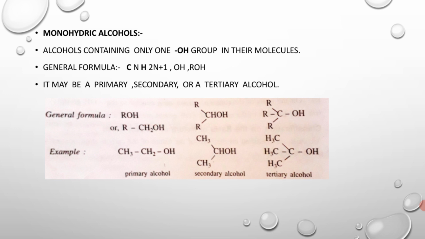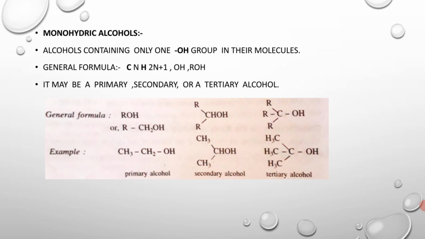As there is a figure given representing the formula, that is ROH, RCH2OH is a primary alcohol, R2CHOH is secondary alcohol, R3COH is tertiary alcohol.